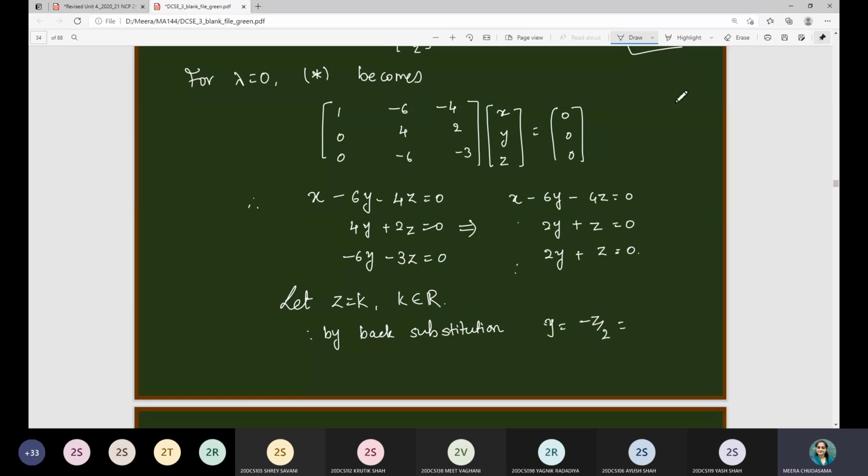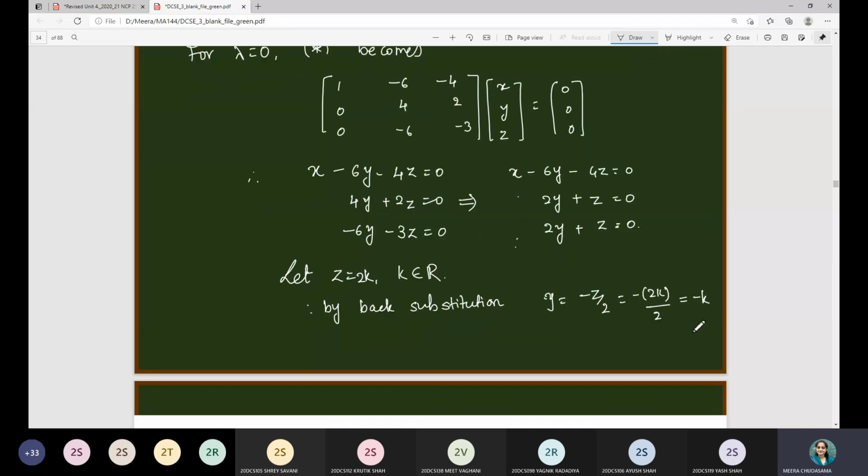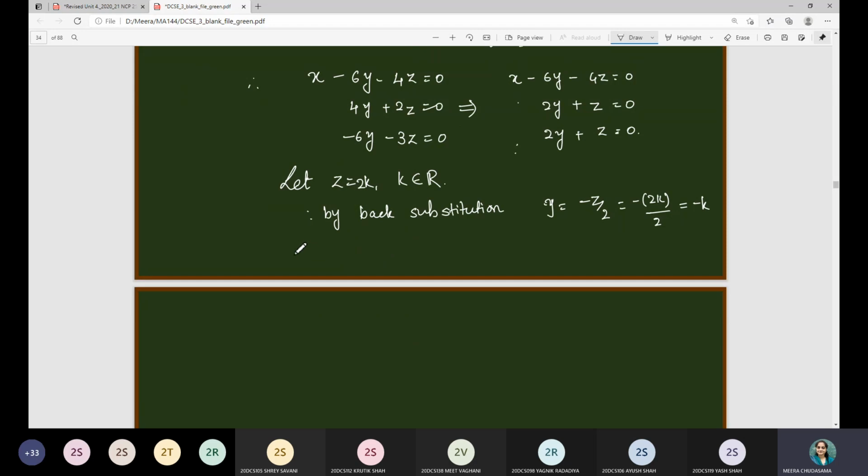So to avoid the fraction, I will write z as 2k instead of k, so that I can have the y value in terms of a scalar multiple of k, and x is equal to 6y plus 4z from the first equation. So 6 into the value of y, that is minus k, plus 4 into the value of z, that is 2k.